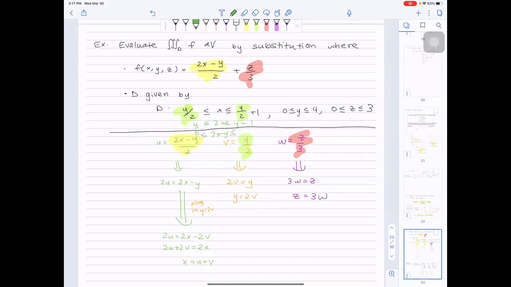Oh, sorry, this should be 2, and you can divide by 2. So you still get the same thing. You can start from your domain and simplify to get constants on both sides, and it'll still work out. So this thing would be u.